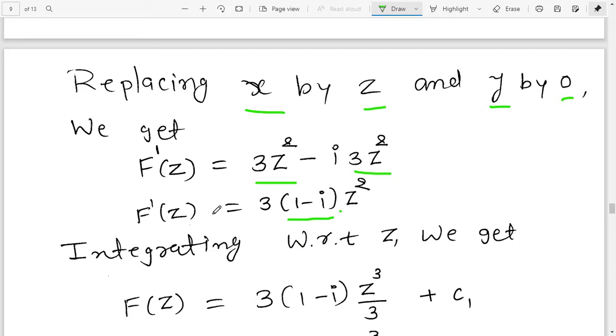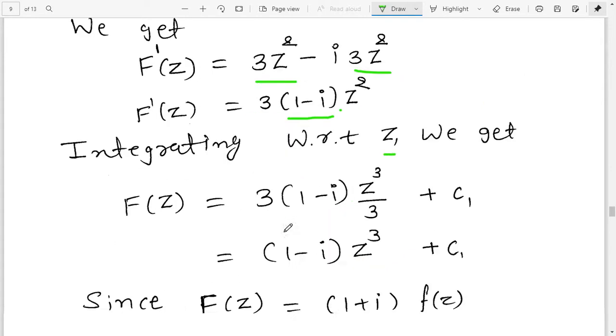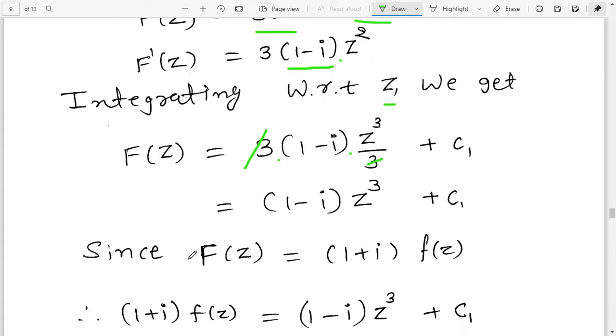Now integrating with respect to z, we get F(z) = 3(1 − i) z³/3. The 3 cancels out. So we get (1 − i)z³ + c1.